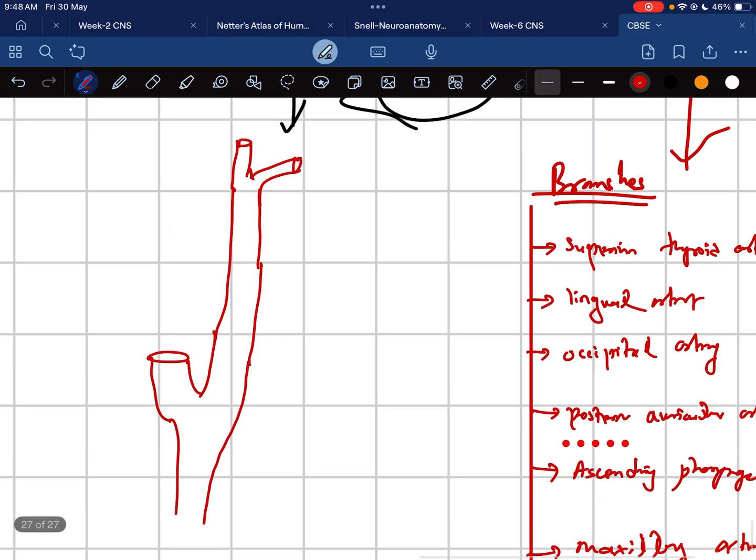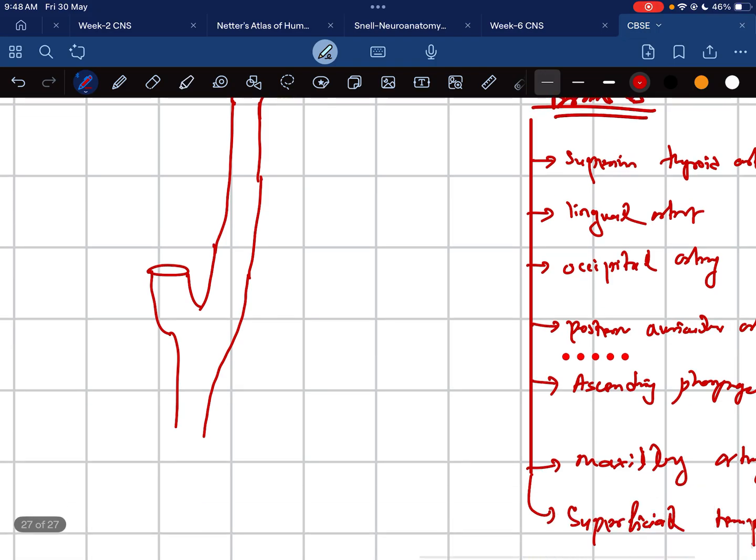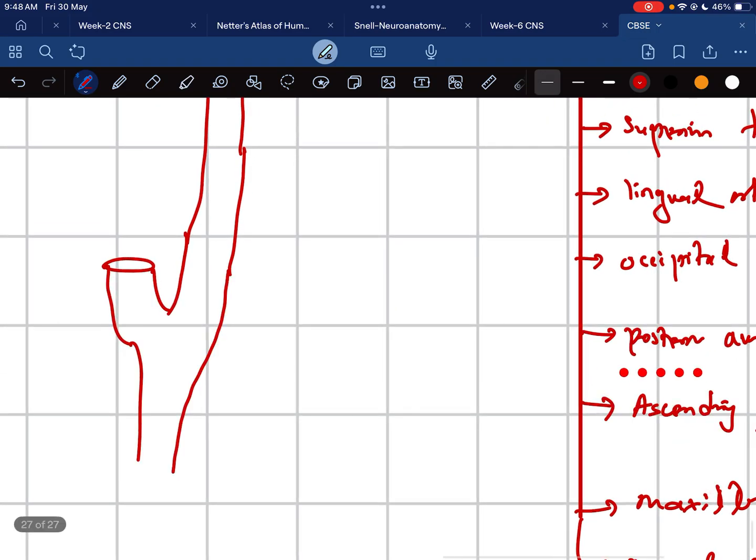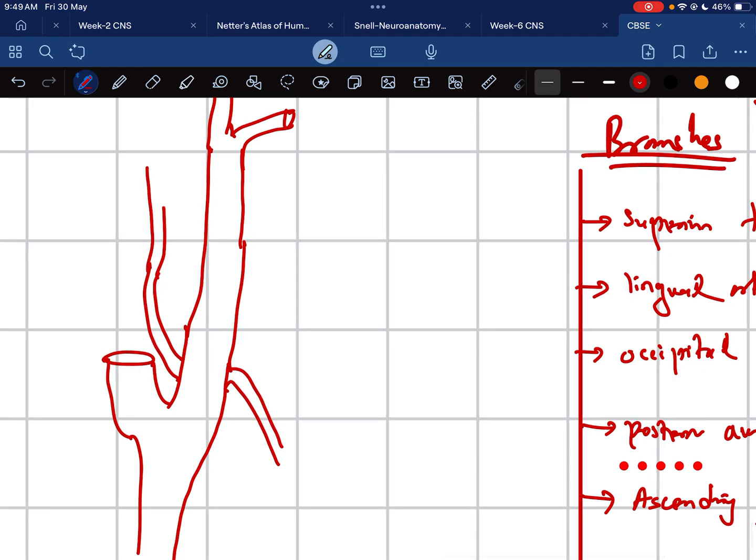These are the two terminal arteries. Before that, after the division into external and internal, it also gives the superior thyroid artery. Then on the middle side there is another, the ascending pharyngeal artery, going upward, the middle branch.